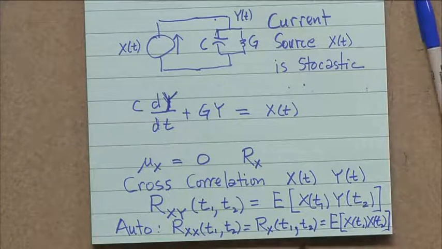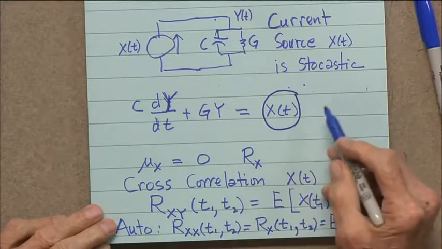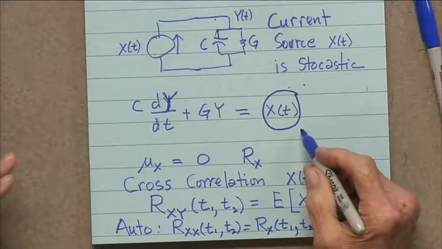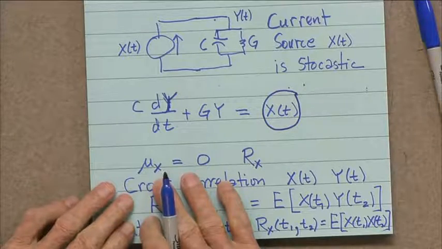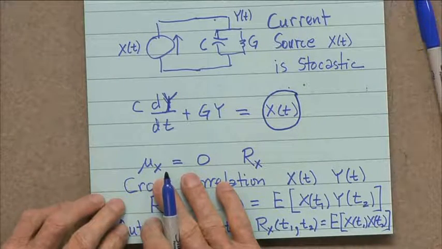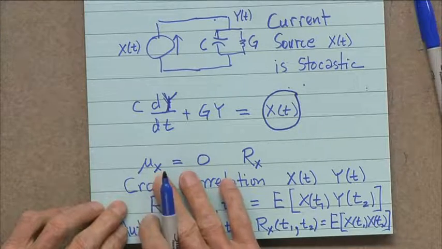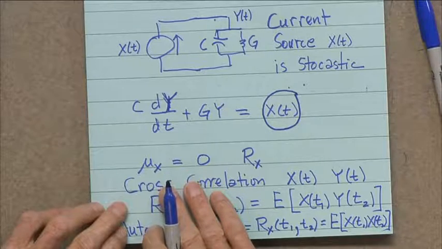A lot of times we're given information only about X. Could be maybe its mean value and its autocorrelation.